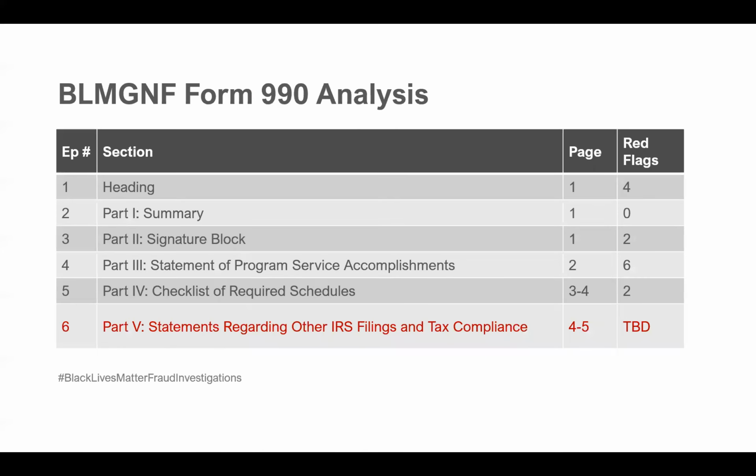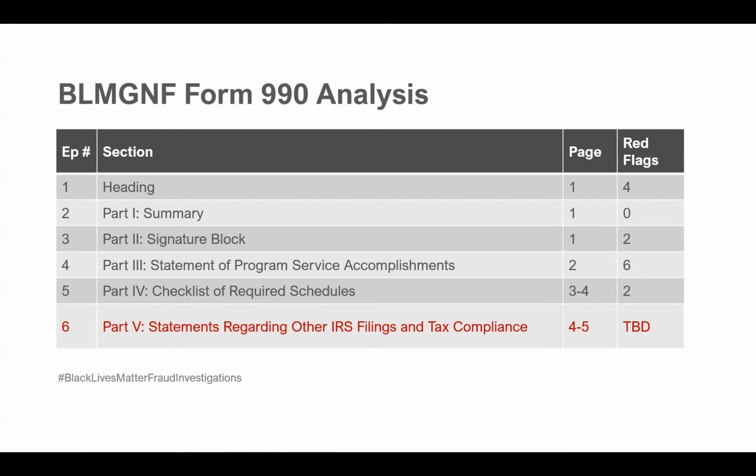The Black Lives Matter Global Network Foundation Form 990 analysis. I have been creating episodes that talk about the red flags I've discovered in the different sections of the Form 990 information return. Episode number 1 dealt with the section entitled Heading, on page 1, and I identified 4 red flags.